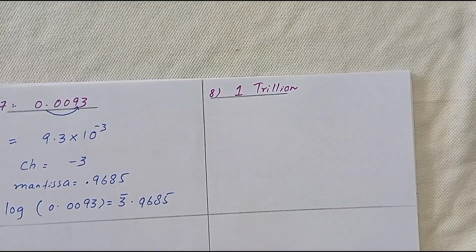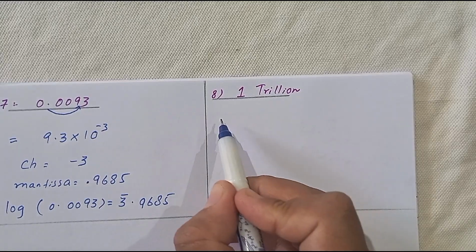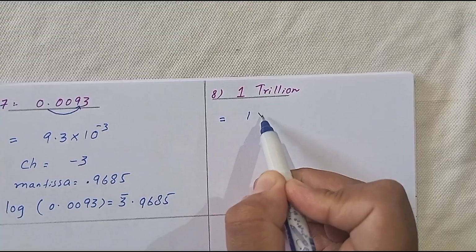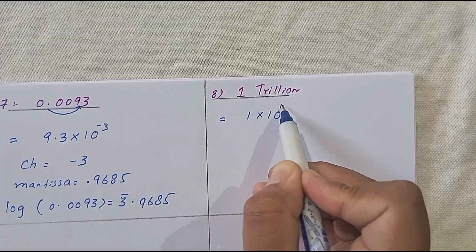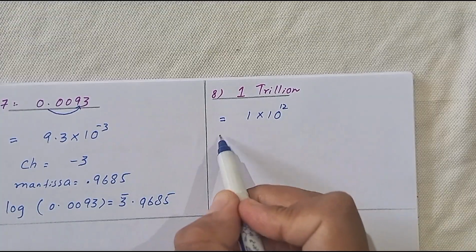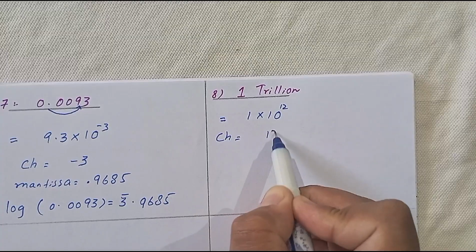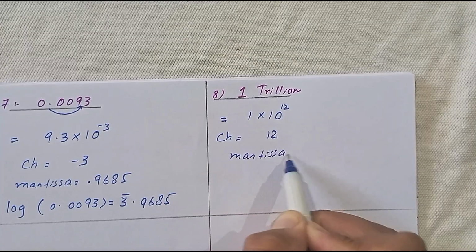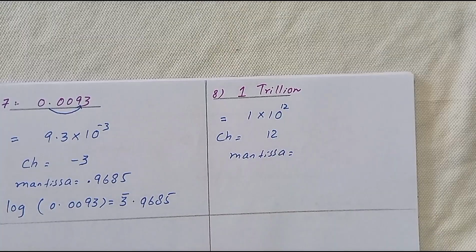Part 8 is 1 trillion. We have to find the log value of 1 trillion. As we know, we can write 1 trillion as 1 multiplied by 10 power 12. So here the characteristic is 12, and for the mantissa we have to look at 10 in 0.